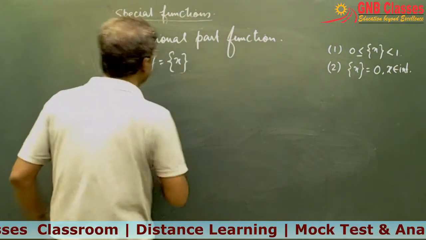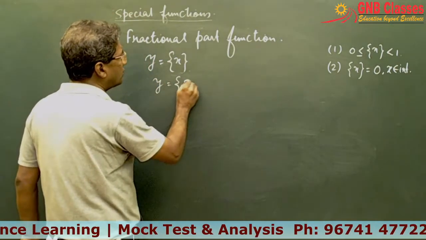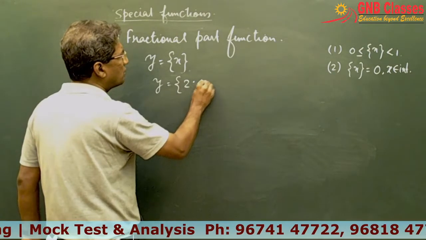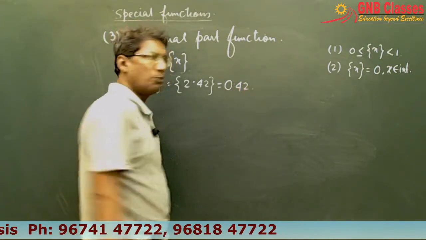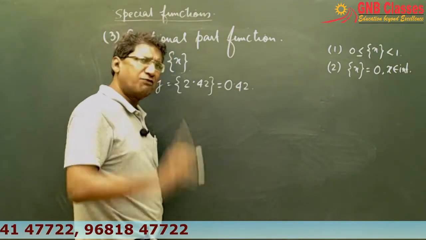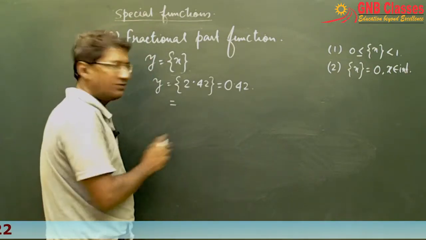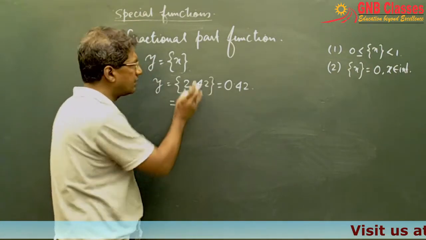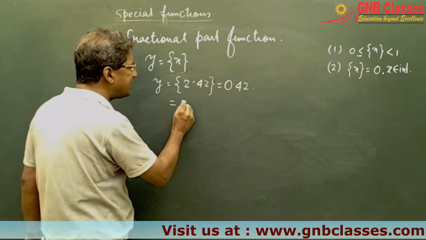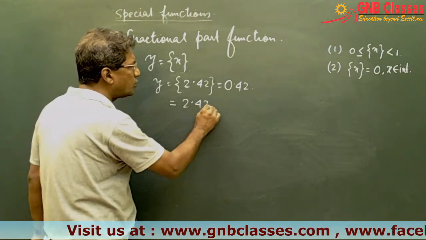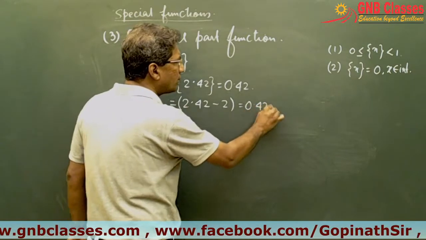Now suppose I ask you what is the fractional part of 2.42. You will simply say the answer is 0.42. But a very interesting thing we can get from here is that to get the value 0.42, can we write it this way? 2.42 minus 2 will give you the answer 0.42.